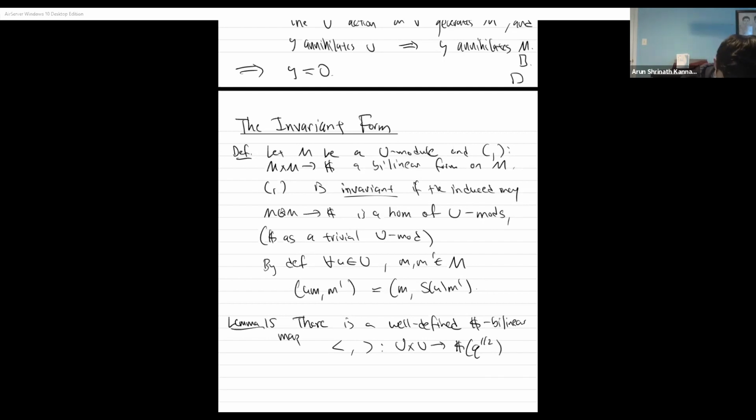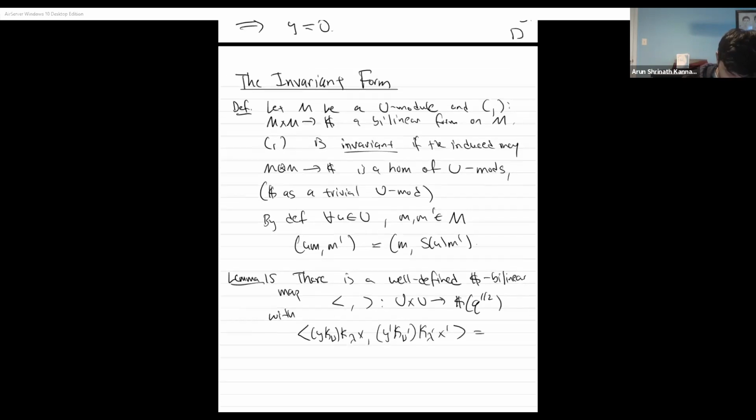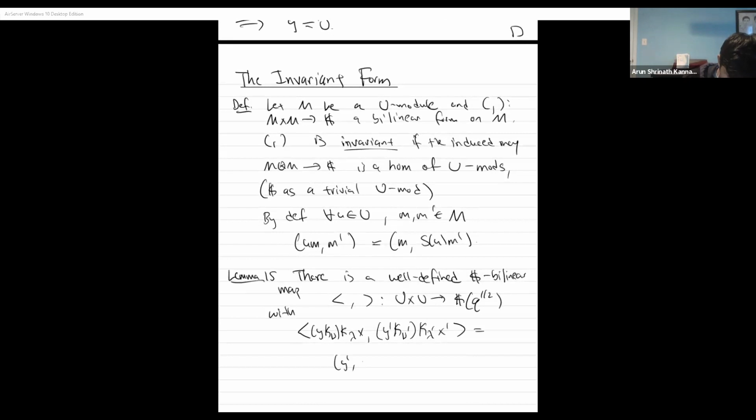And the defining property here is, so I'm going to write it like this, is equal to Q to the 2 rho nu. So this is where we need our Q to the half.